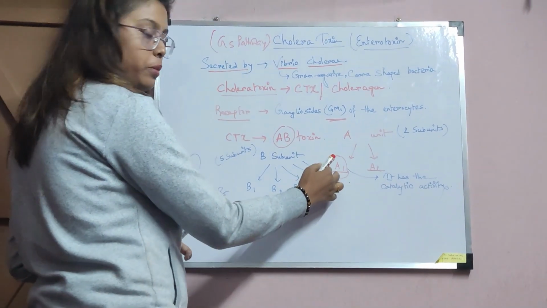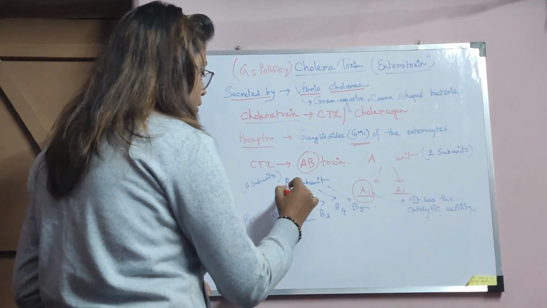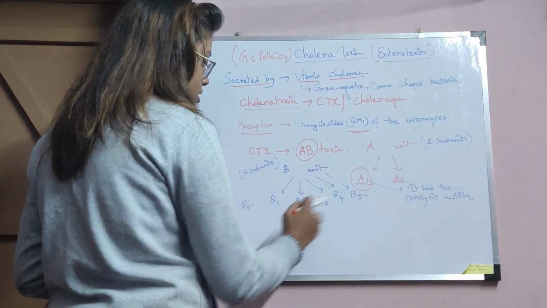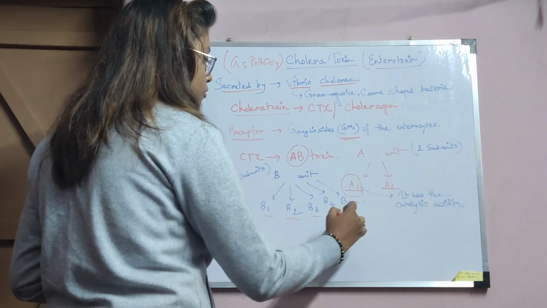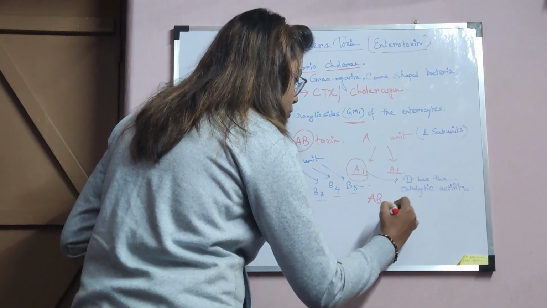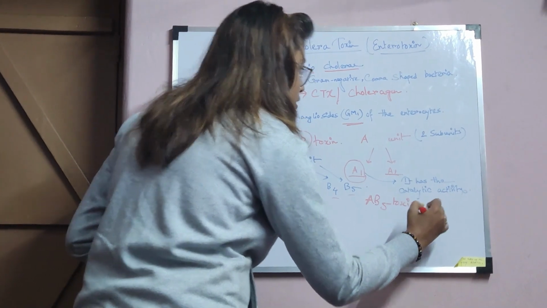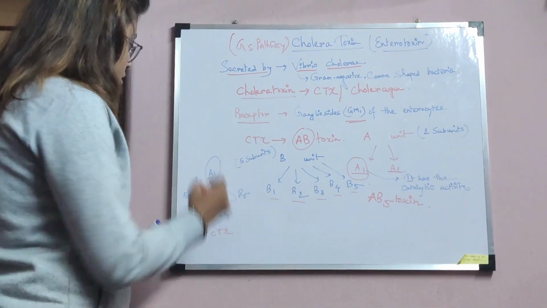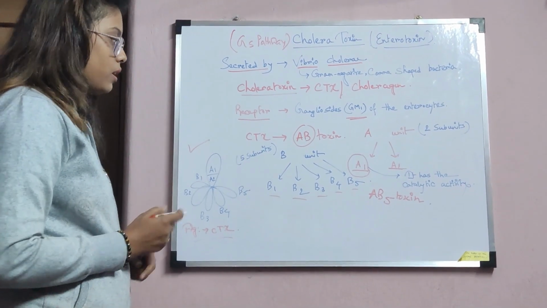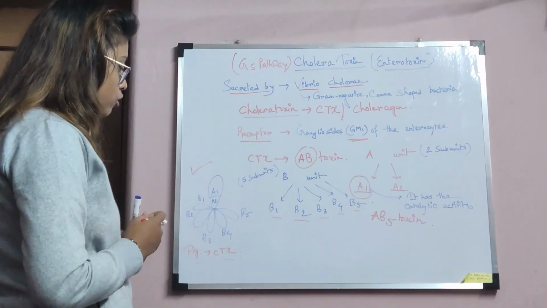This should be noted. The B unit is subdivided into 5 subunits, B1, B2, B3, B4 and B5. So it is also known as the AB5 toxin, right? This is the structure of the CTX or choleragen or cholera toxin.